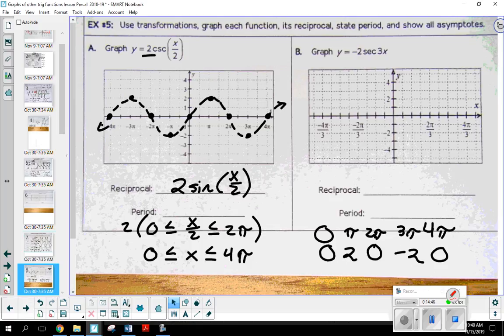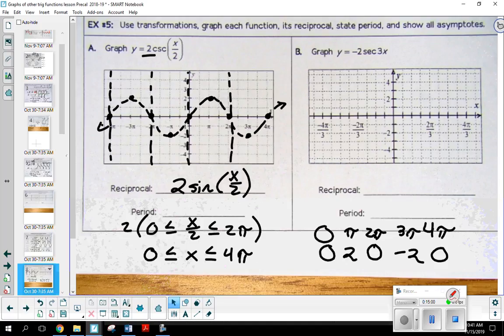Okay, where are my asymptotes? Everywhere this graph touches the axis. So I have negative 4 pi, negative 2 pi. There's 0, 2 pi, 4 pi. Well, how do I know where to put my branches that are opening up and down? Every maximum and minimum that this graph has.